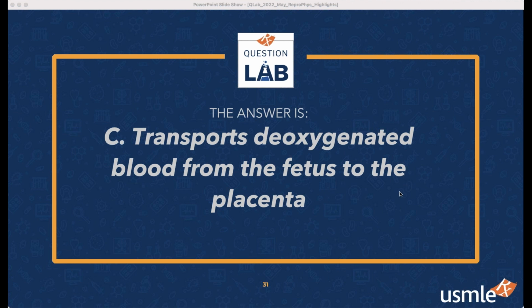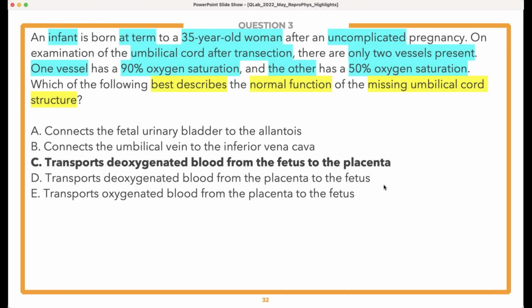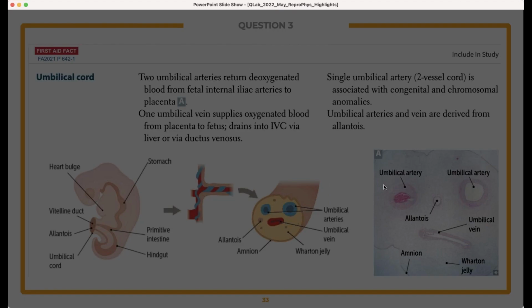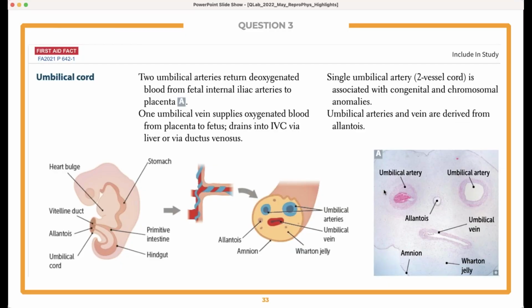Okay, so let's take a look at the next slide after the question. This is our umbilical cord, and you can see there are 3 structures: 2 umbilical arteries and 1 umbilical vein.